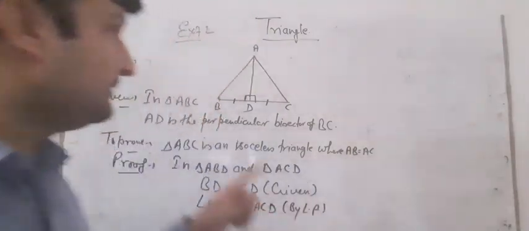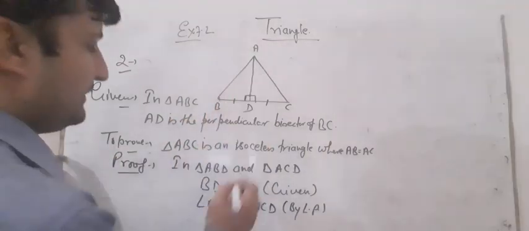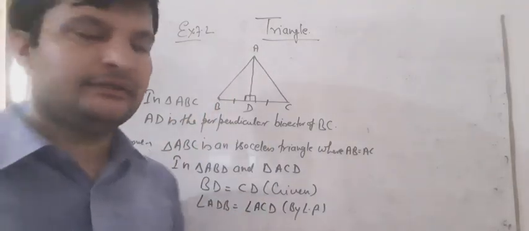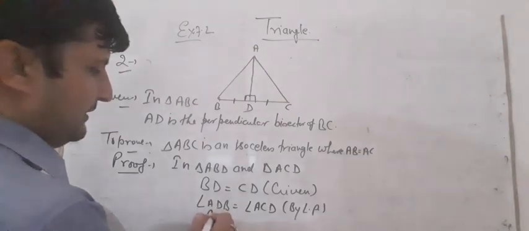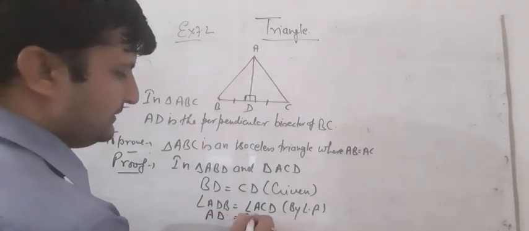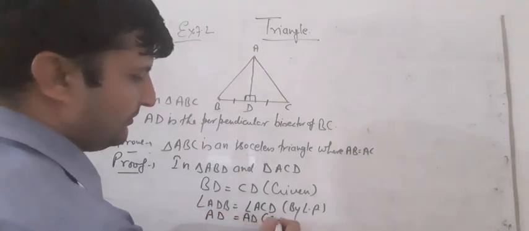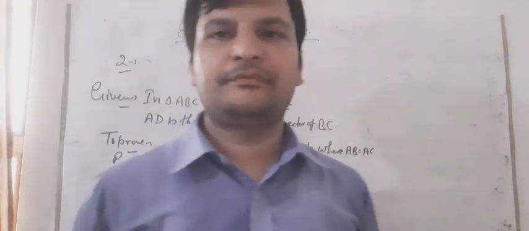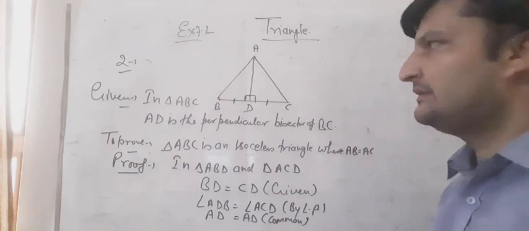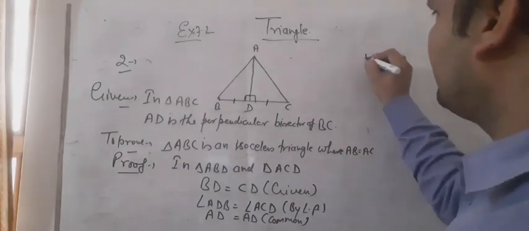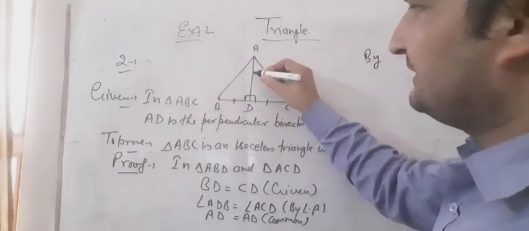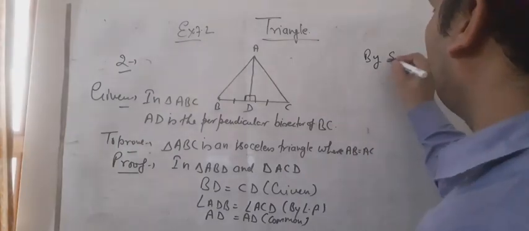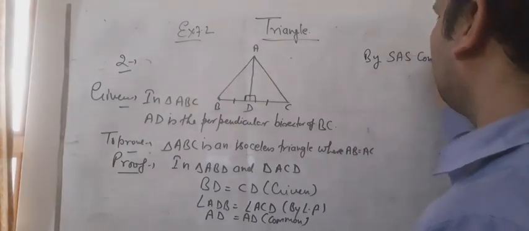And at last we can say that AD is equal to AD, it is common. Look, AD is coming in both triangles, so it means AD is equal to AD, it is common. So we can say that by which property? By side, angle, side, by SAS congruency.